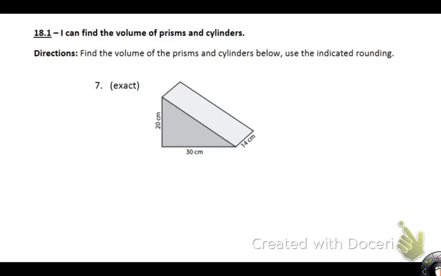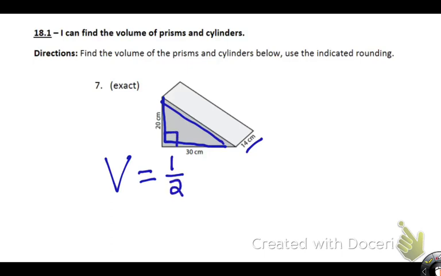All right, the next one, it's a triangular prism, and so we need to find the area of the base, which is this triangle here, and then we multiply it by the height, which is right there. So volume equals, we know that the area of a triangle is 1/2 times the base times the height.